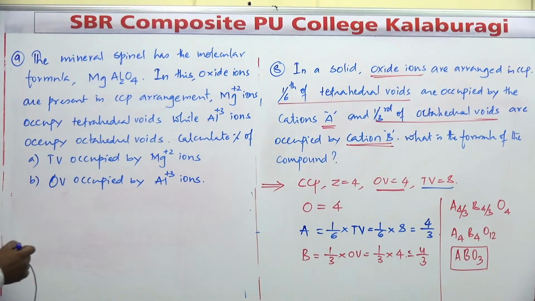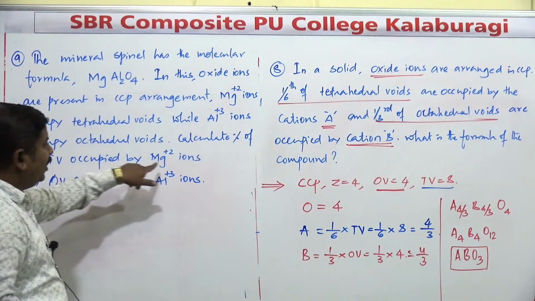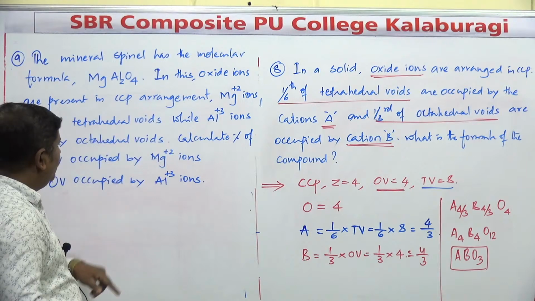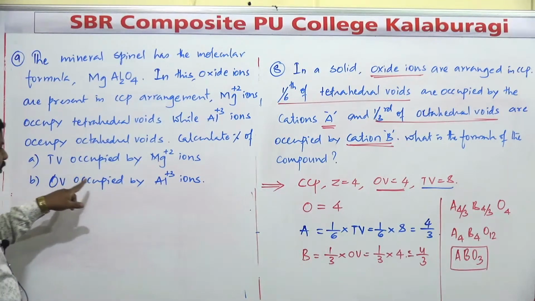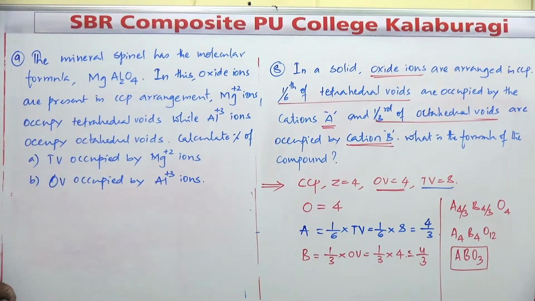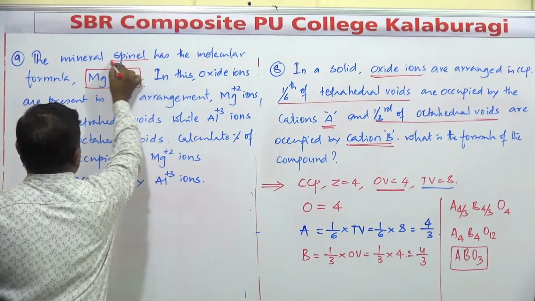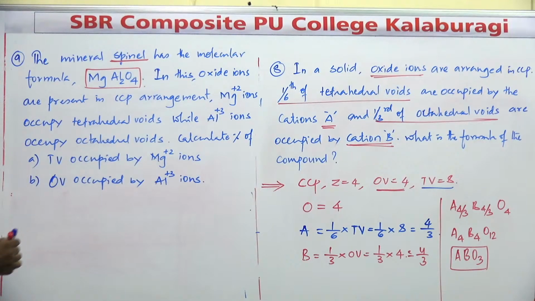Read the problem once and try to find out the percentage of tetrahedral void occupied by the Mg plus 2, because Mg plus 2 is occupying the tetrahedral void, and the total percentage of octahedral void occupied by the Al plus 3 ions. What is the simplest formula of this spinel? That is MgAl2O4. It is spinel.